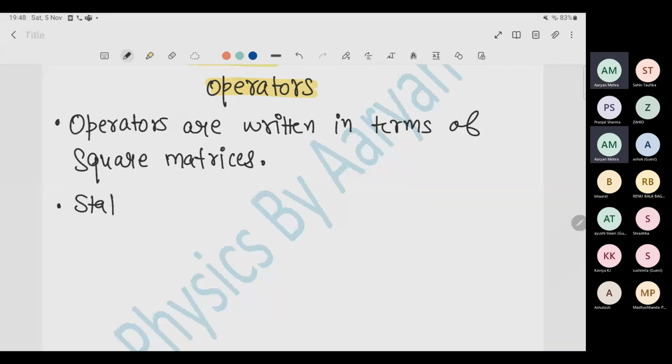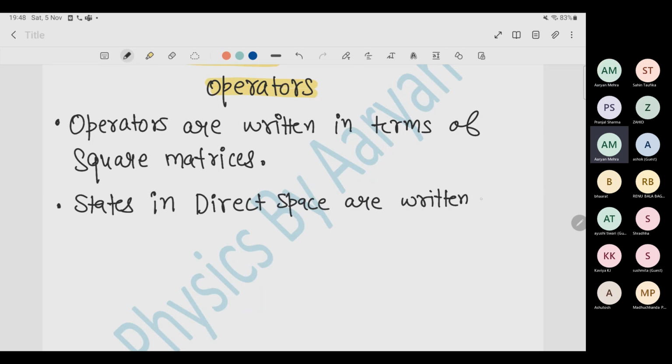So states, or kets, in direct space are written in terms of column matrix.